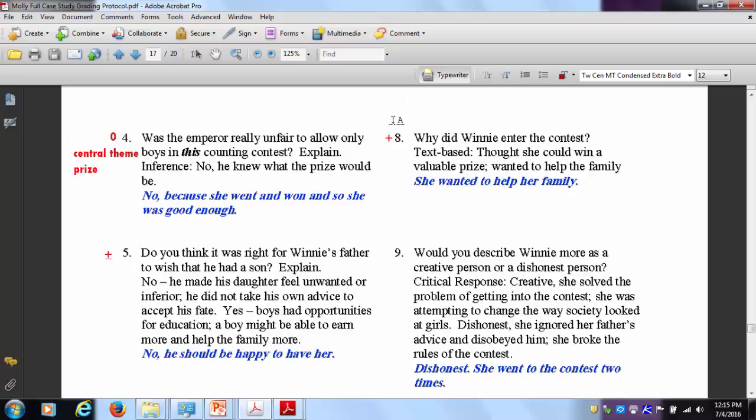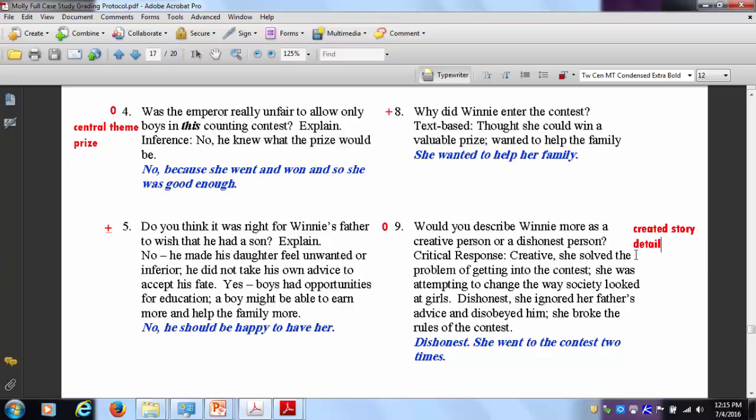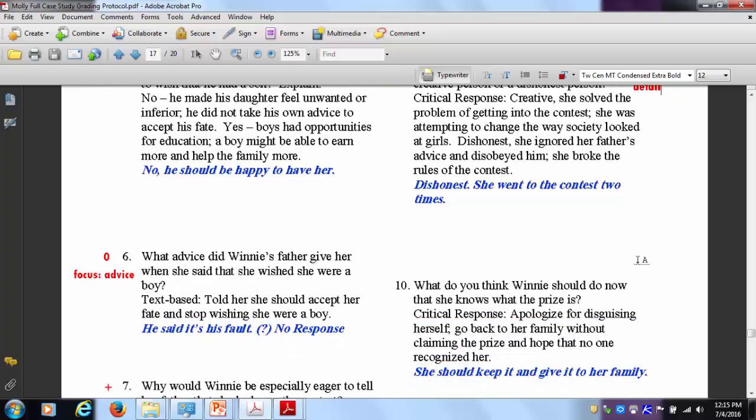When we get to 9, what she does is she creates a detail that isn't even in the story. So we call this an author. She created story detail. She didn't go into a contest 2 times. Pure creation of story.